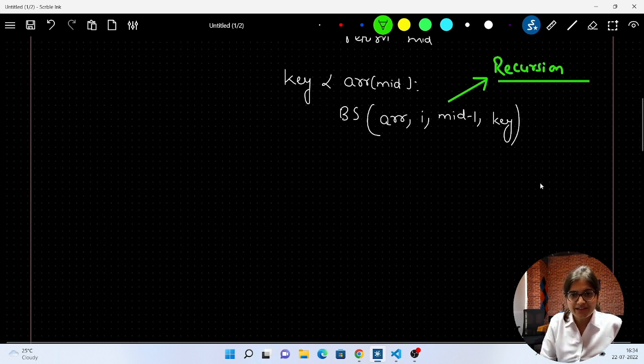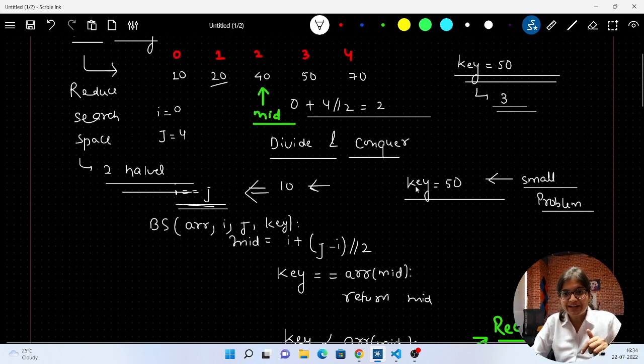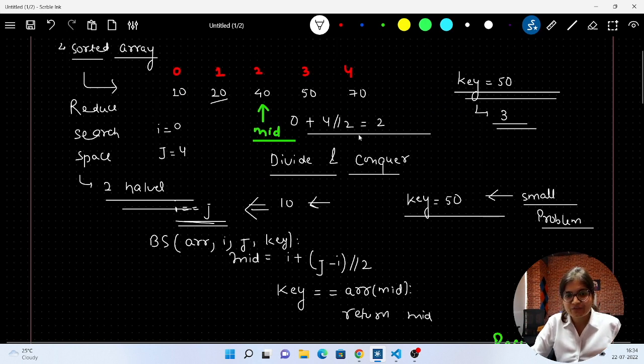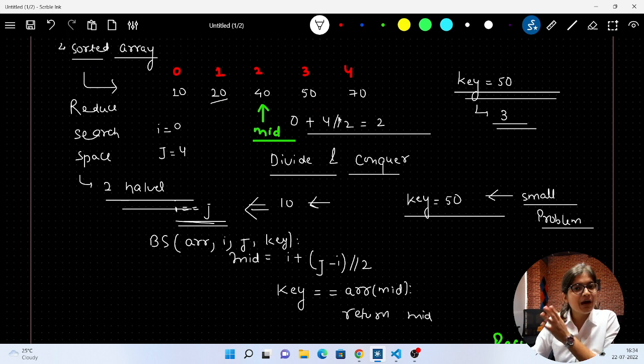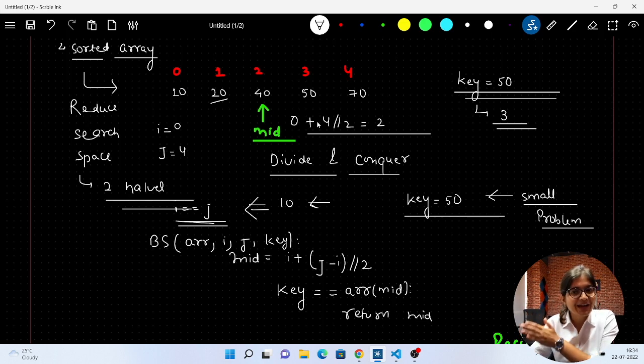Now, consider the other case. Suppose the key that we are looking for is greater than the value of array of mid, for example the key is 50. In that scenario, the key is greater than the value of array of mid, which means my search space should be on the right side of the mid.